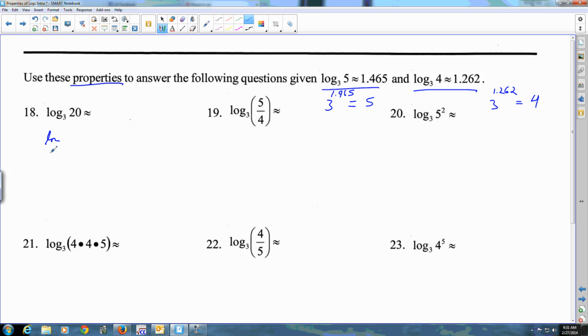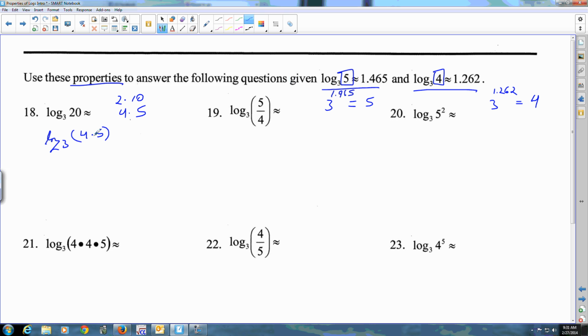So log base 3, I need to rewrite 20s in terms of 5s and 4s, so I can use what those values are worth. So although 20 is 2 times 10, it's also 4 times 5. So I'm going to use the 4 and the 5 because that's what's being referenced here.